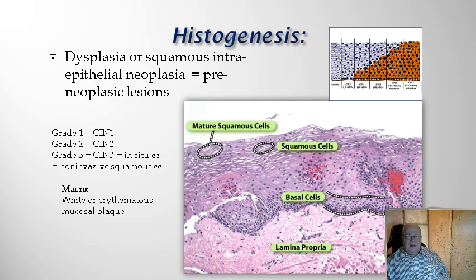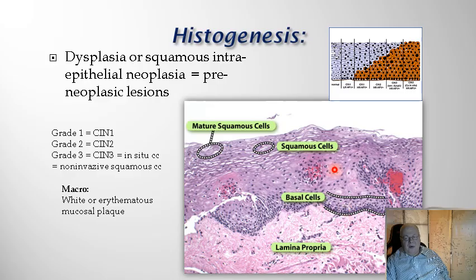consists of a proliferation of the basal layer of the squamous epithelia, which can occupy 1/3 of the thickness of the squamous epithelia, and then it's called dysplasia of grade 1.